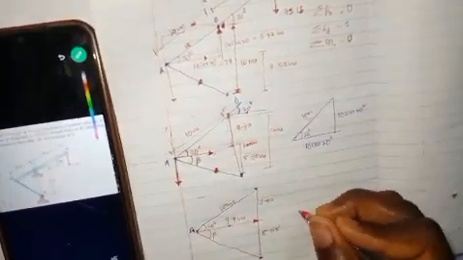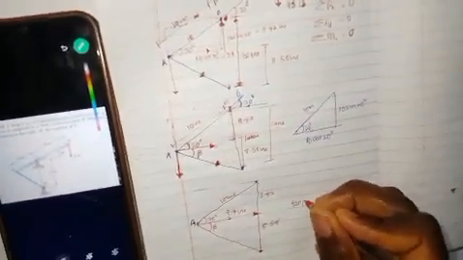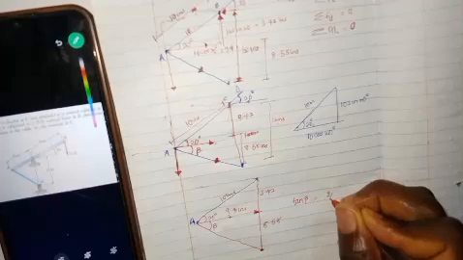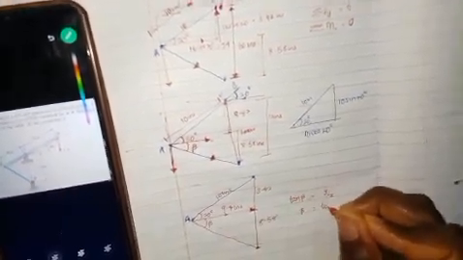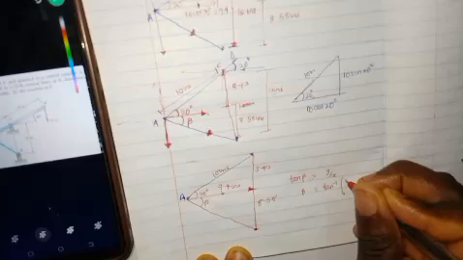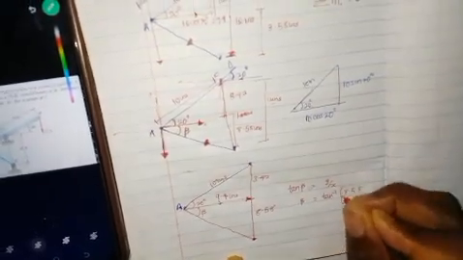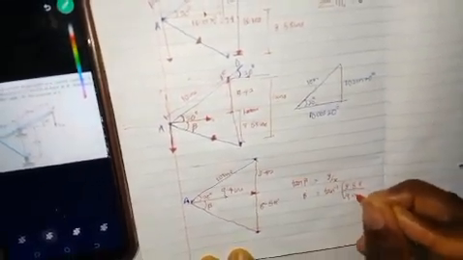So that means we know our tan beta is equal to y over x. This is our y, this is our x. So beta is equal to tan inverse of 8.58 over 9.4.